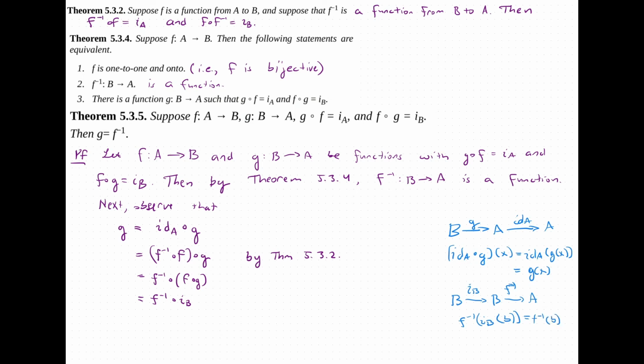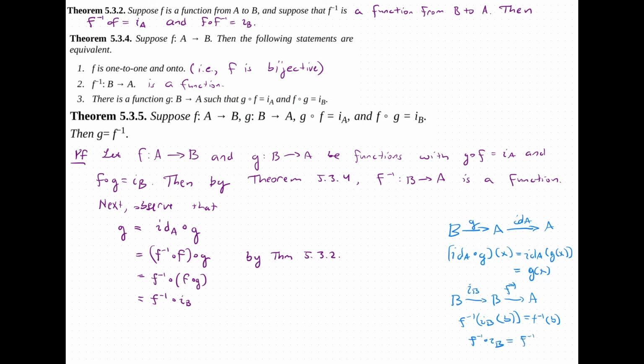So in other words, putting in this identity on B makes no difference. And so this is a quick sketch of the idea for why f inverse compose the identity on B is f inverse.